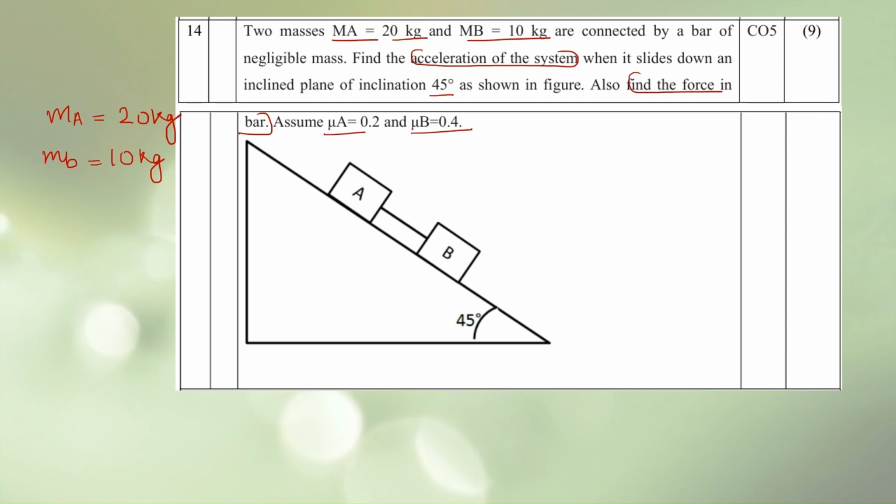If I am considering the mass MA, its weight is acting downwards, that is mass MA into g acting downwards, and I can resolve this force into two components.